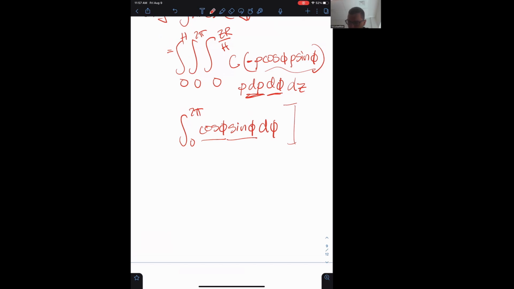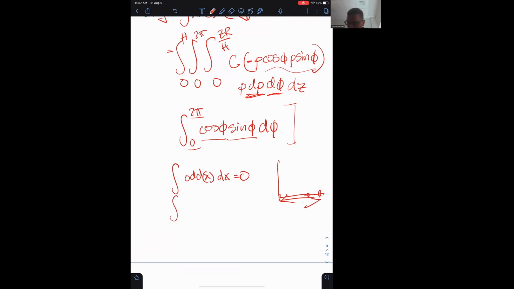If you have an integral over an even interval, so 0 to 2 pi is an even interval to integrate over, and you have an odd function times dx, that's 0.